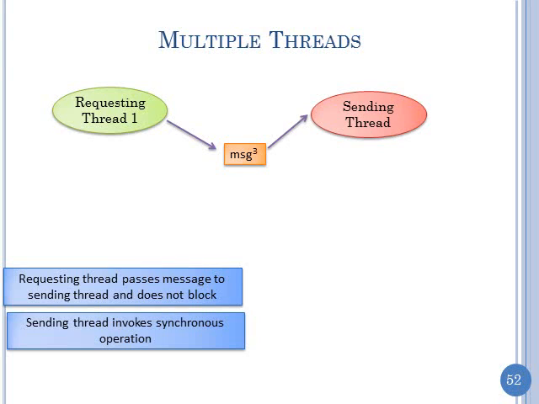Before we go into that, when you have this situation where there can be multiple requesting threads and one or more sending threads, this is an example of some classical problem that you might have seen before. How many of you have done operating systems? One person. Two. Taken the operating systems course? Is there a classical problem that you've seen in operating systems of which this is an instance?